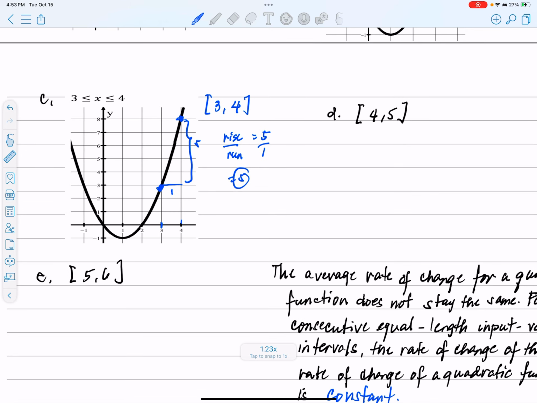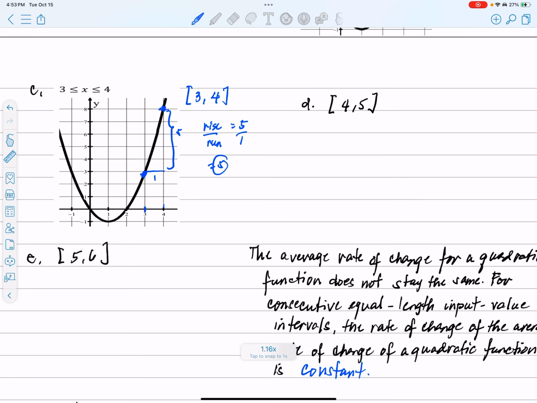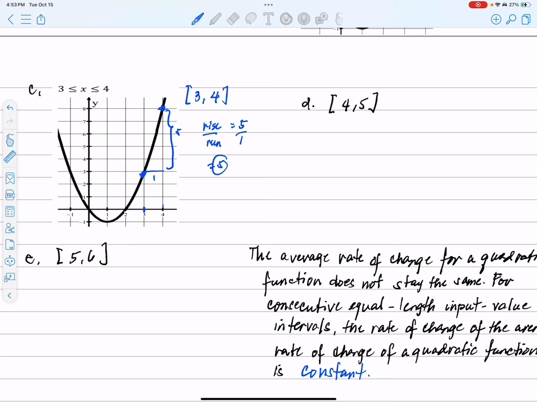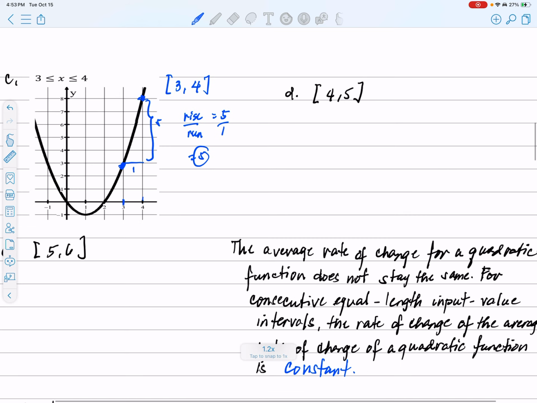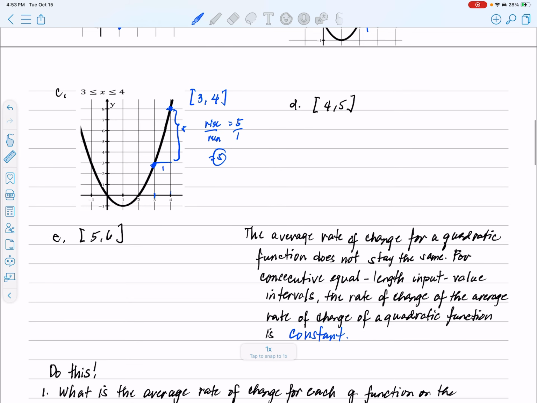How about if you are given an interval, but there is no graph, so you need the function? The function given is y equals x squared minus 2x. Using the interval, what happens when your function is at 4 and when it's at 5?